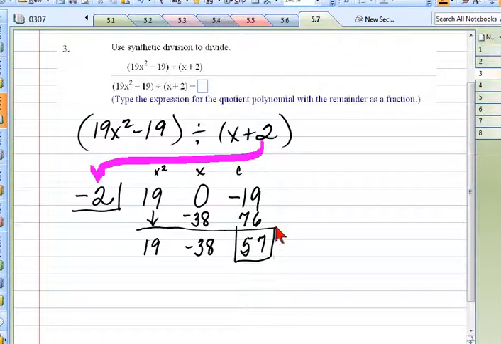If you did the problem, I was doing it silently, I brought down the 19. 19 times negative 2 is negative 38.